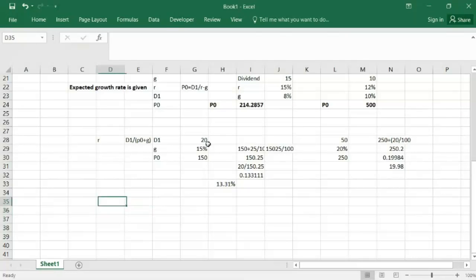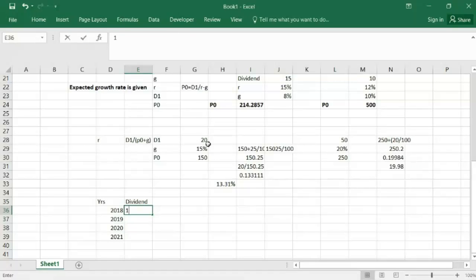For example, in the problem, 2018, 2019, 2020, 2021. These are the years, and the dividend declared by the company is given.